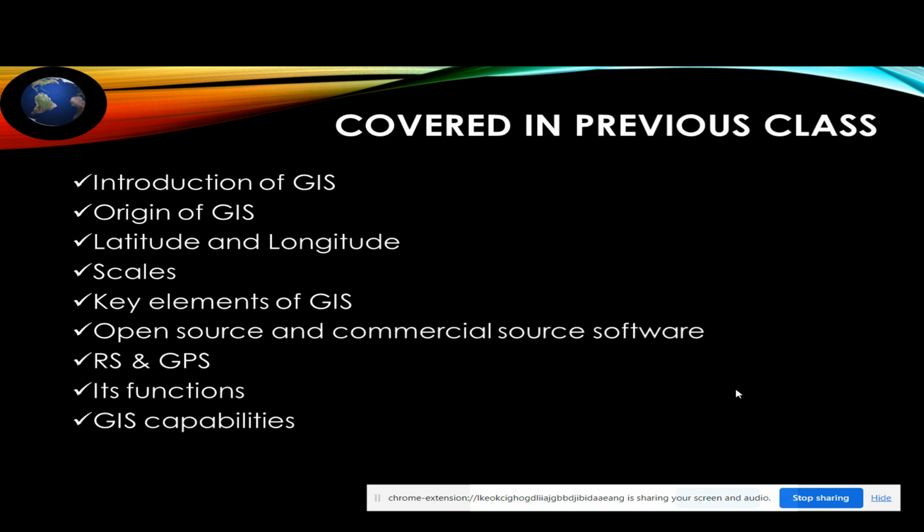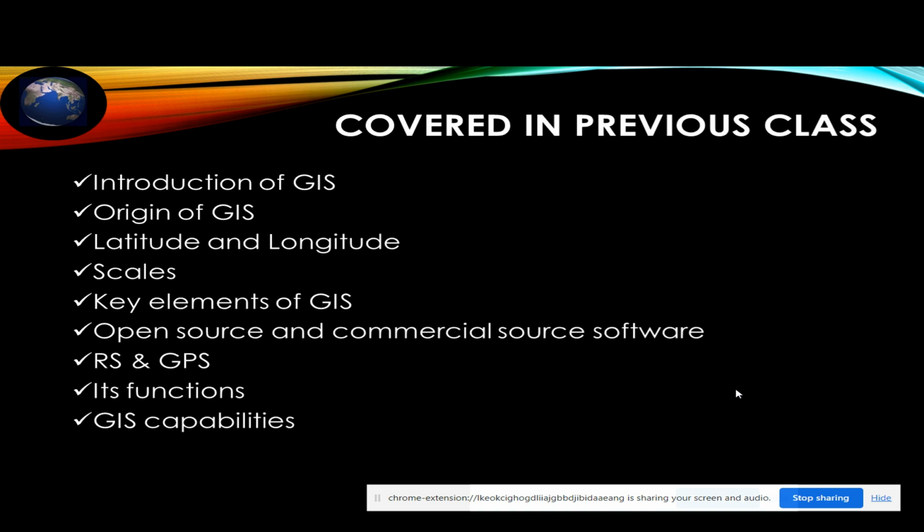And what remote sensing is, how it collects the data, and how the sensors take the data, and how remote sensing is helpful in data collection where we can't reach as a surveyor or as a field supervisor. We can look over remotely through sensors and collect such kind of data. And GPS tells where on the earth's surface something is positioned. And its functions, meaning GIS functions.